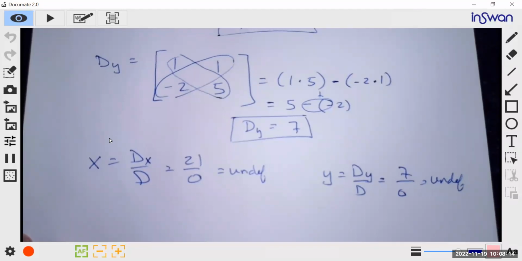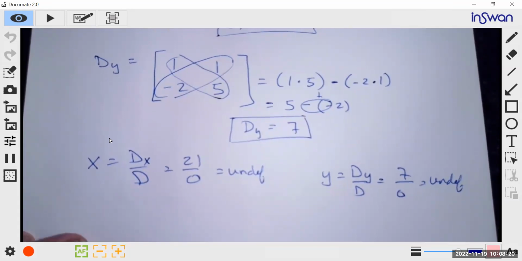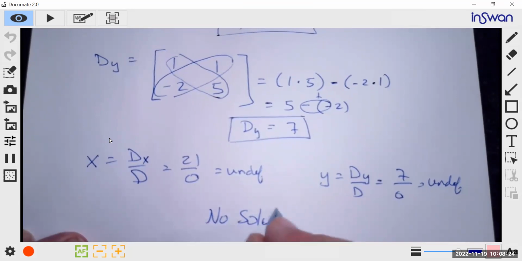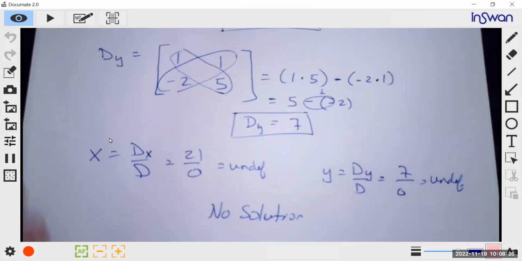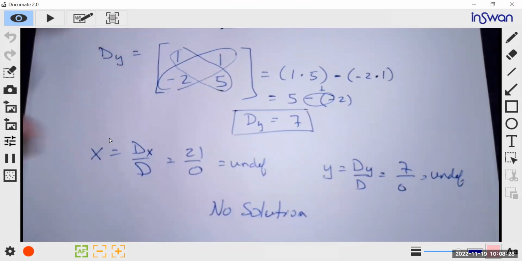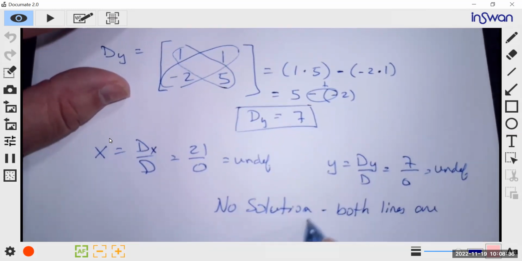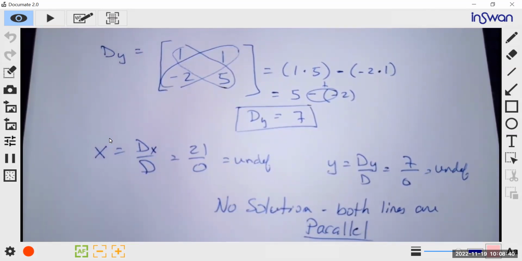So what does this tell us? Since we have undefined solutions, that means there's no solution. If there's no solution, the only way that can be possible is if both lines are parallel, because they never meet.